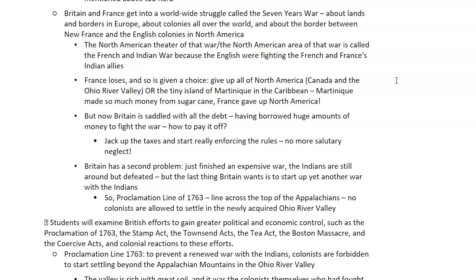It's an almost microscopic island. But the French made so much money from sugarcane out of Martinique, they were willing to give up all of North America to keep it. And that's how the British came to own all of North America.